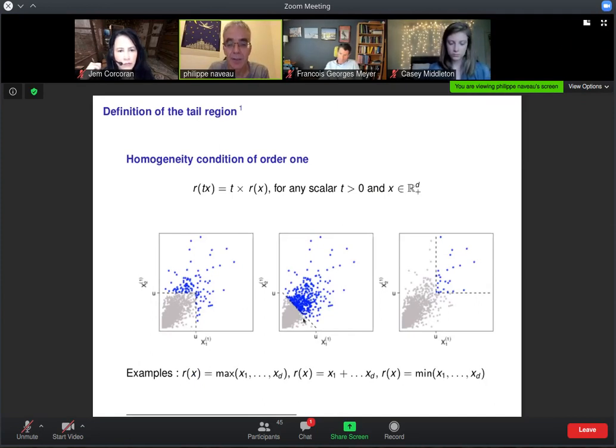If I take X1 plus X2 greater than U, and you look above that, it is going to be the blue point, or you can take R of X as the mean of X1, X2, and then it's a blue box here. So you can define your extreme by using either this R, the mean, which is really at the upper corner, or you can use this one, which is a max. And in this case, to have an extreme means that at least one of them is extreme, but maybe not the other one.